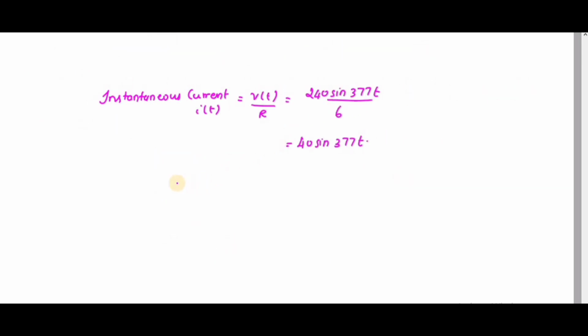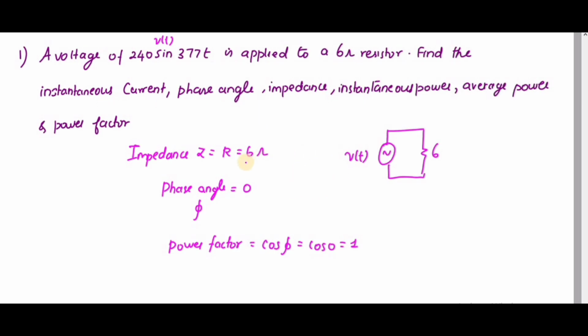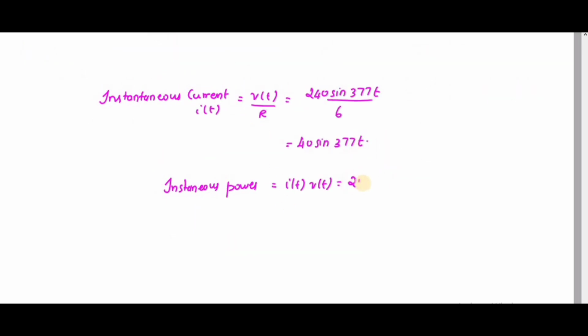Next, the instantaneous power is equal to instantaneous voltage times instantaneous current. We know the instantaneous voltage is 240 sin 377t, so that is 240 into 40 sin square 377t.